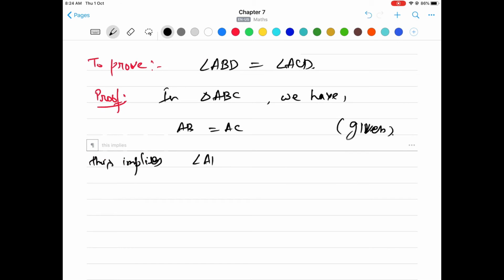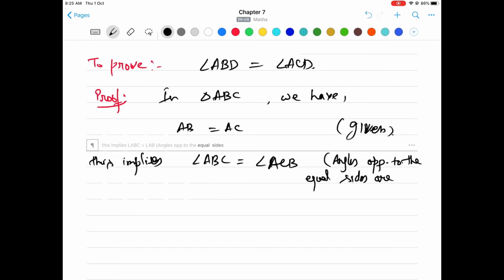So angle ABC will be equal to angle ACB. This is by the theorem: angles opposite to the equal sides are equal. That's why these two angles are equal.